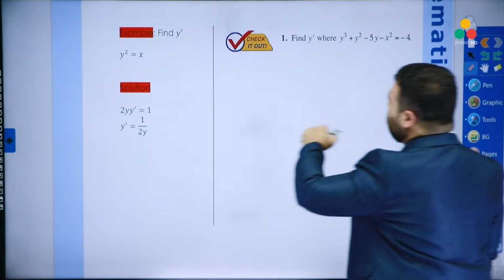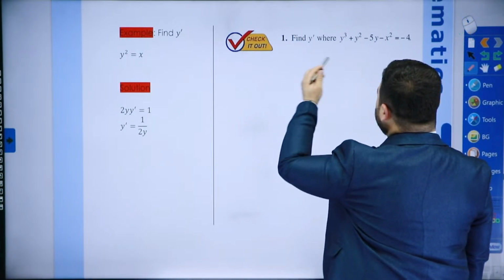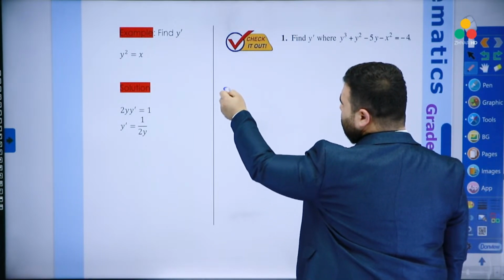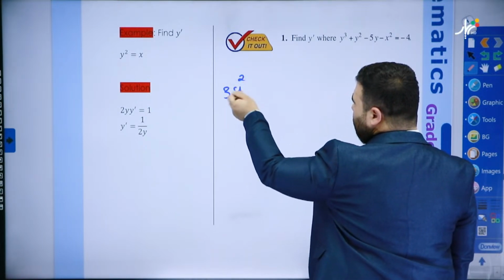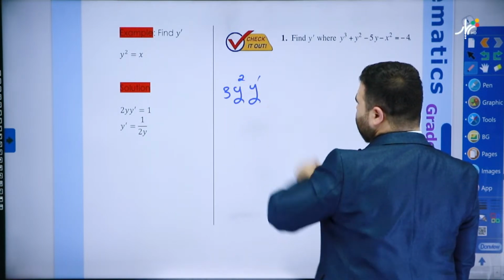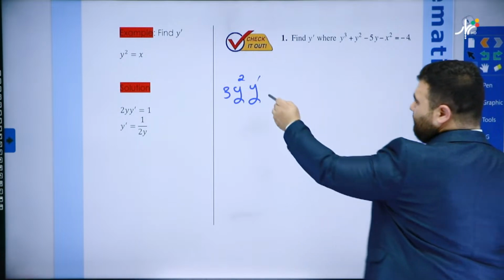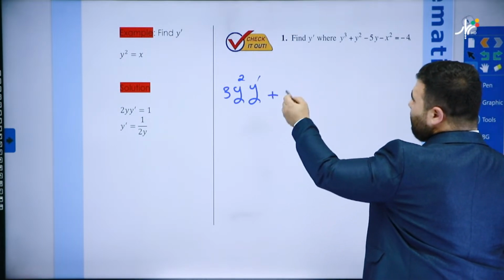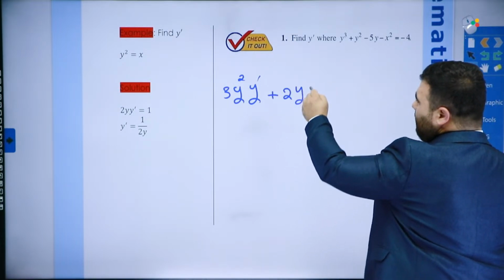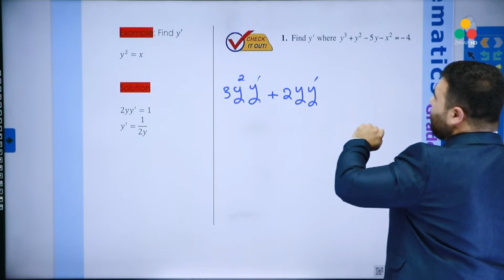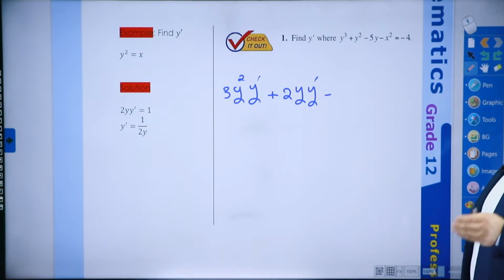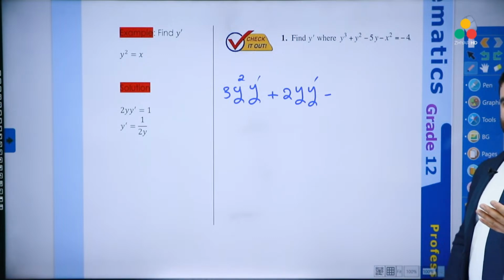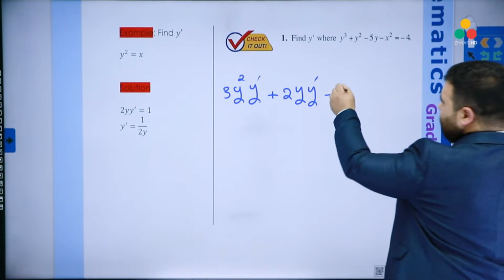Look at here. If we want to do the derivative, then derivative of y power 3 is 3y power 2, right next to it, y prime. Plus. Y power 2 becomes 2y, and right next to it, y prime. Minus. Derivative of 5y will be 5. But don't forget the y prime.